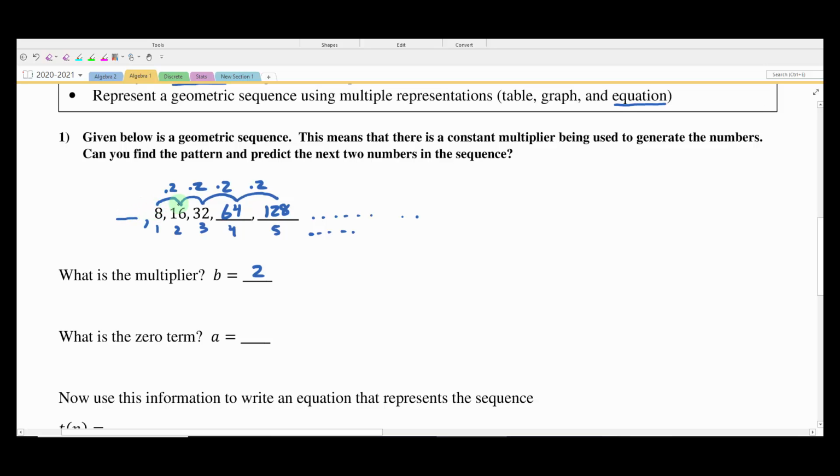Moving forward in our sequence, we multiplied by 2. So if I wanted to go backwards one term, we would do the opposite and divide by 2. So 8 divided by 2 is 4, and this is our zero term. So we would say a equals 4.